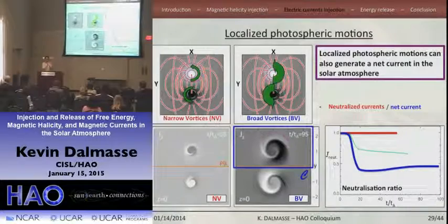Then your total magnetic configuration will have zero net current in each polarity. But for simple active regions in which you only have a single sign of magnetic helicity, net currents are due to shear at the polarity inversion line.